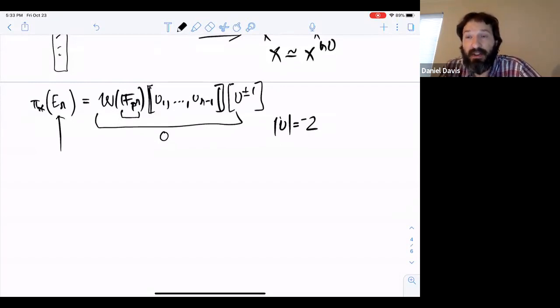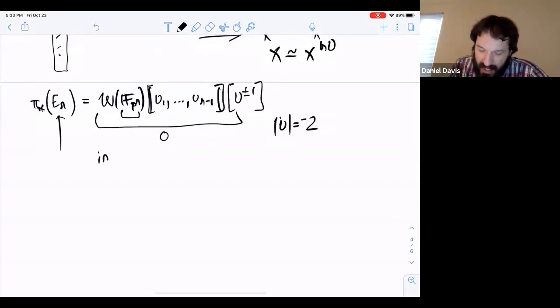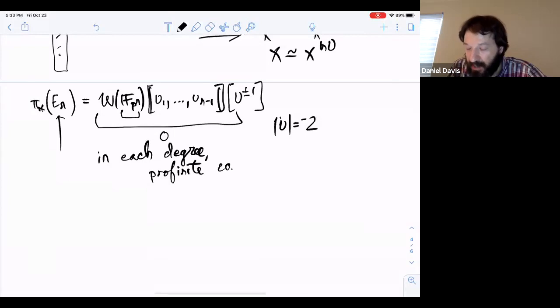In homotopy theory, it's a really important spectrum. And in each degree, the homotopy groups are profinite. So actually profinite commutative rings.